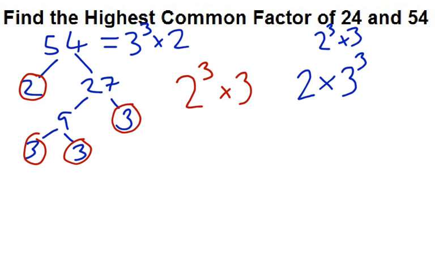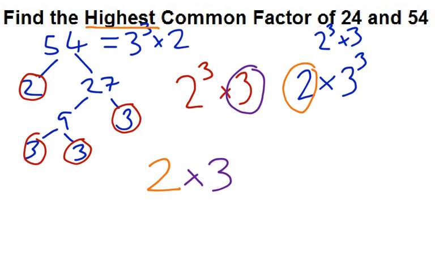The lowest power of 2 that appears is just 2. And the lowest power of 3 that appears is just 3. So our highest common factor is 6, 2 times 3.